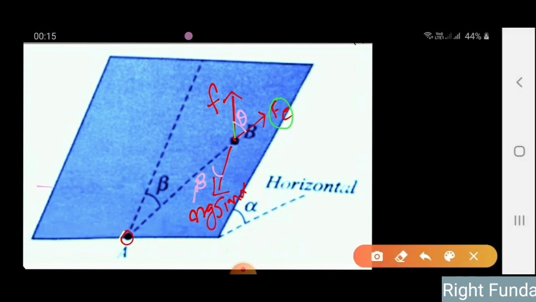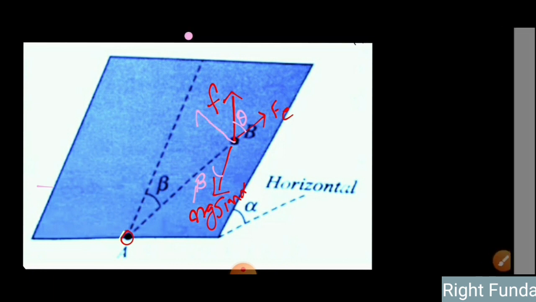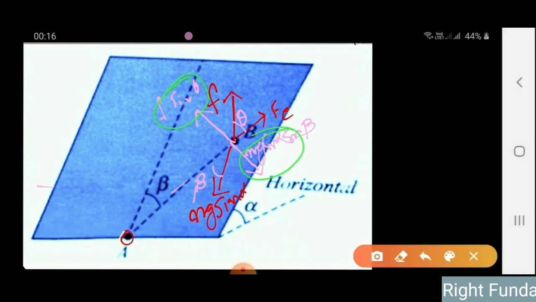So let's assume that the friction force acts in some direction like this, making some angle theta. We have to resolve into components. If we resolve in the direction perpendicular to this line, because we have to avoid this force, then f sin theta will be here, and the weight component along the slope resolves to mg sin alpha sin beta. As it is equilibrium, these two must balance each other.